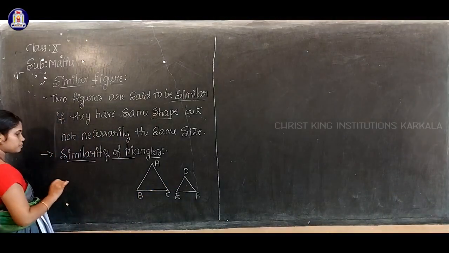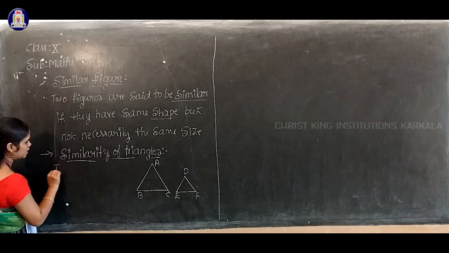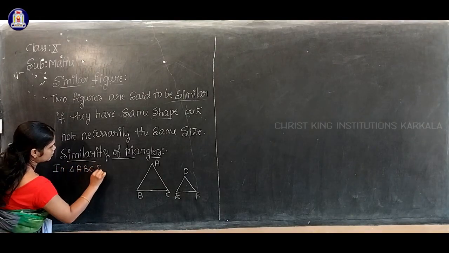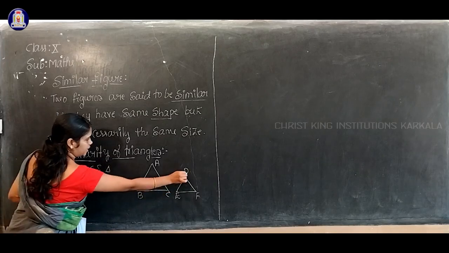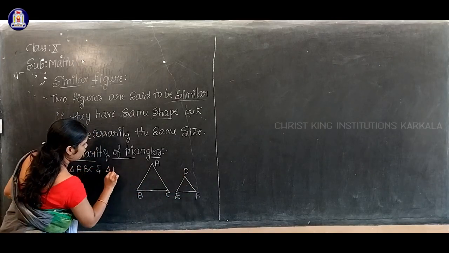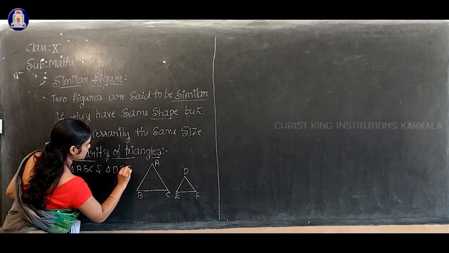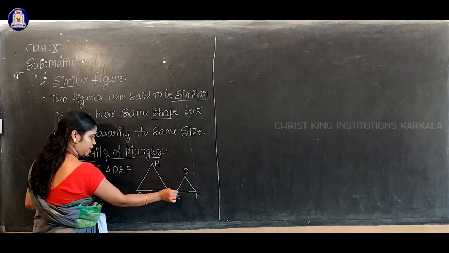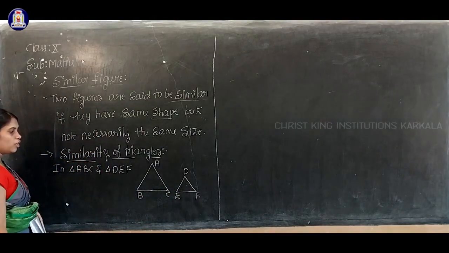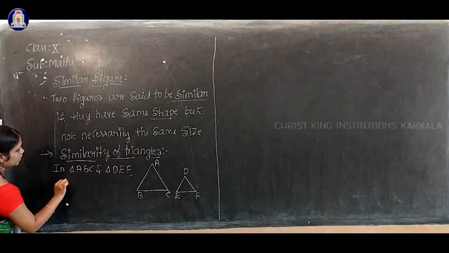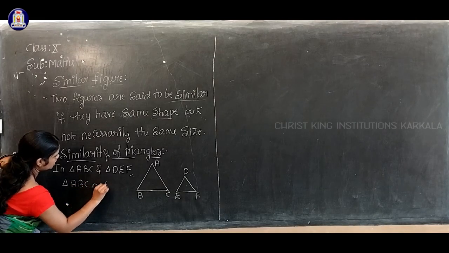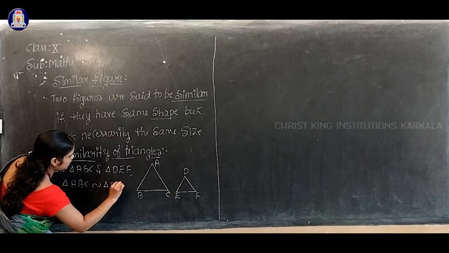Here I'll write, in triangle ABC and triangle DEF, triangle ABC is similar to triangle DEF.